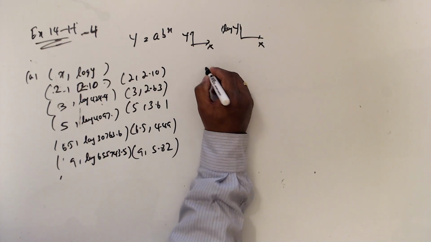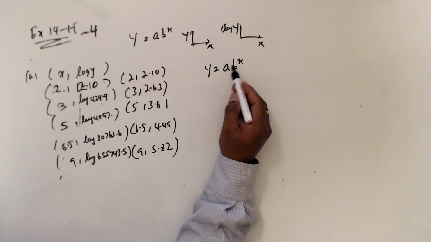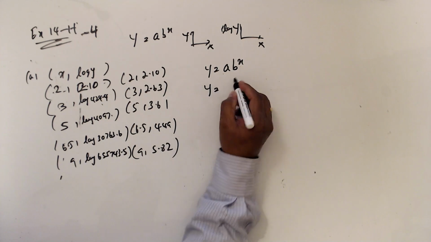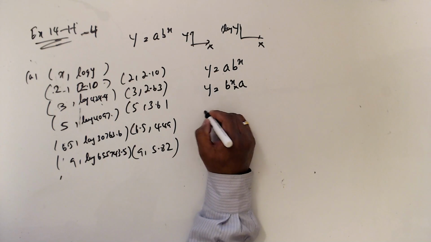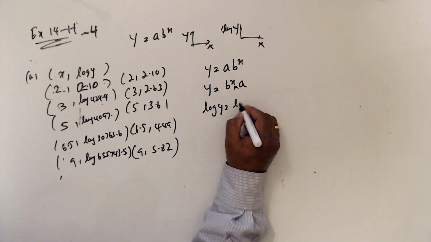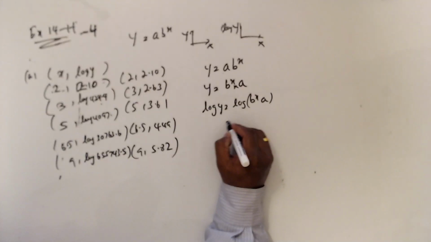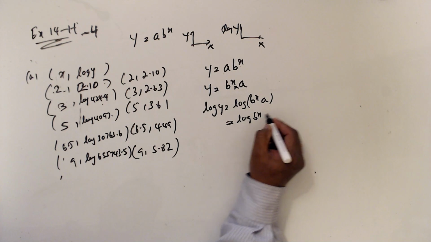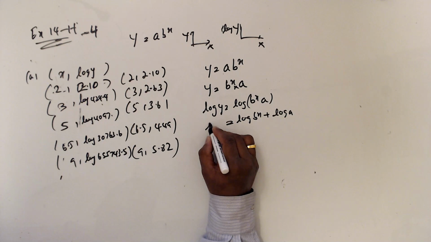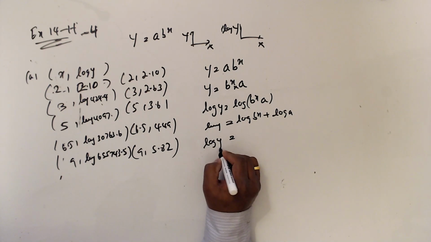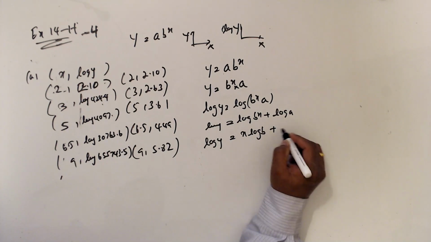So first of all, we will apply this one, y = a b^x. I need the x term on this side, because log y equals log of b^x times a, which is x log b plus log a.